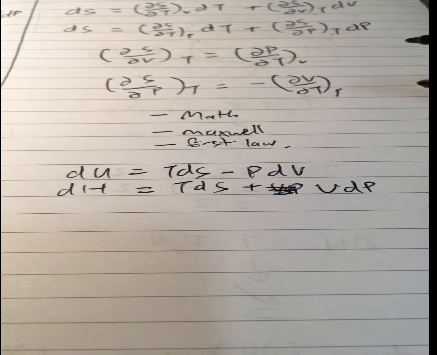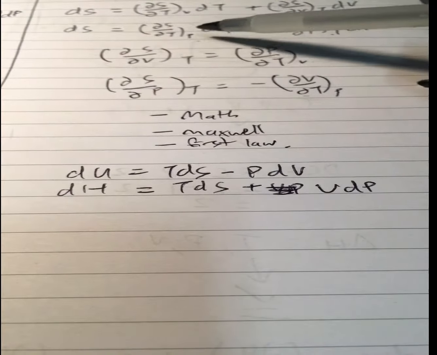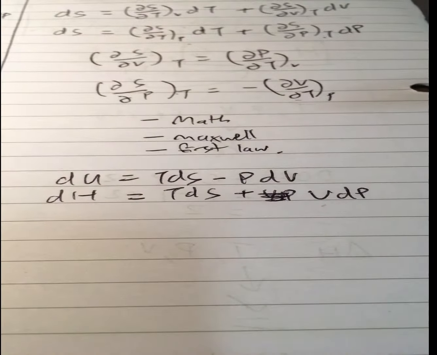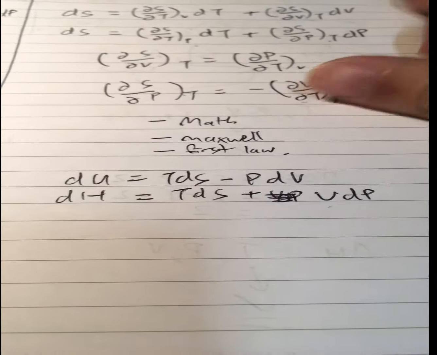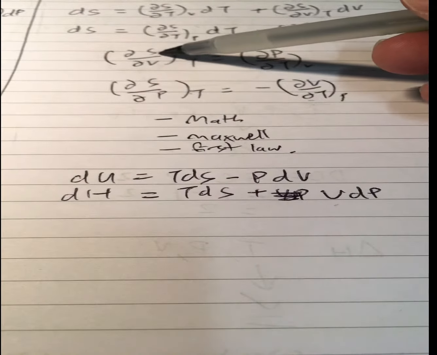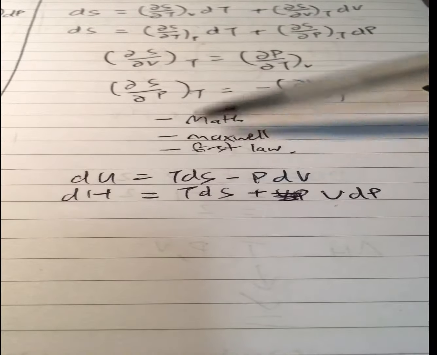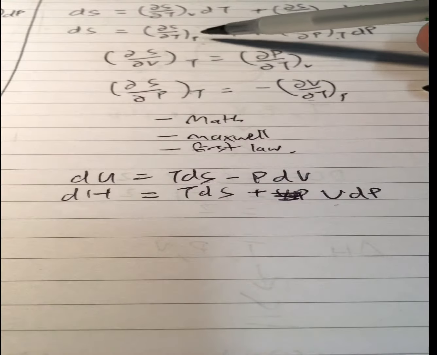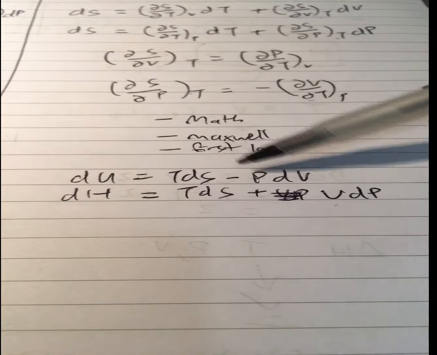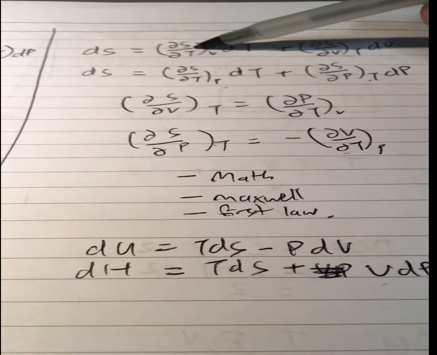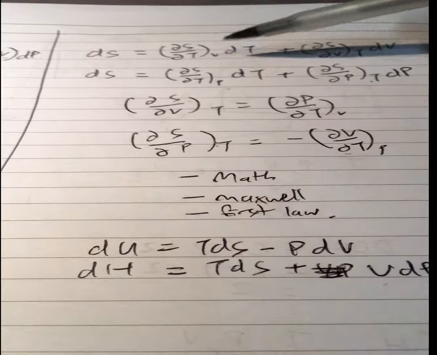So again, you want to make things simple. You want something like this and this from this. So to make things simple for us, we have a dS here, dT here, keeping volume constant.